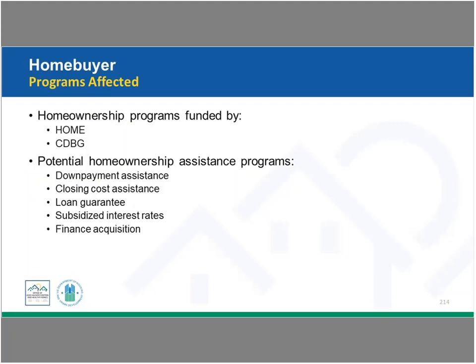So we're going to roll into home buyer. Also, if you were using CDBG-CV funding under homelessness prevention, where you were making mortgage payments, that also is considered a home buyer activity because it's not dealing with leasing, it's dealing with a home buyer unit.